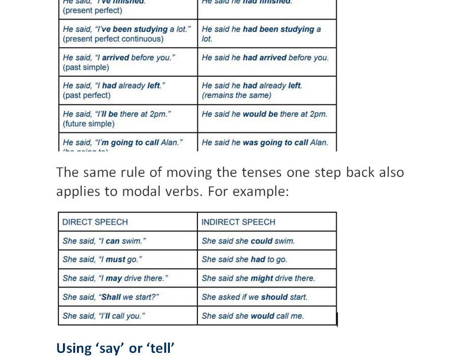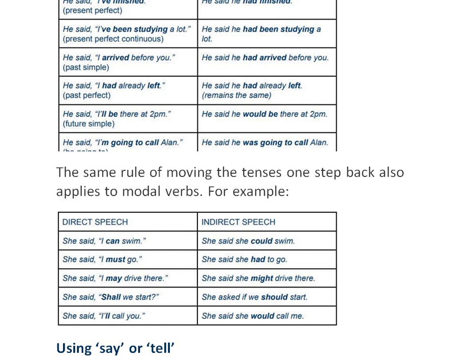A modal verb is a type of word which is used to indicate modality, ability, permission, request, capacity, suggestions, like that. So here, she said, "I can swim," and in indirect speech it will be, she said she could swim. These are some examples where we are taking modal verbs one step back.